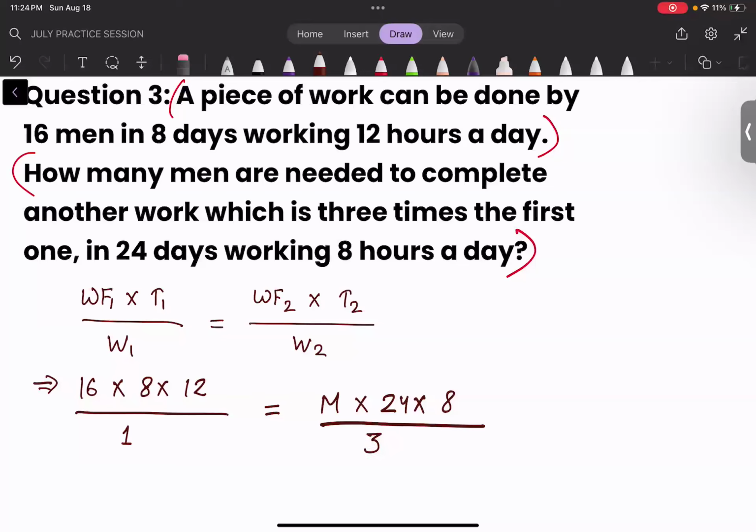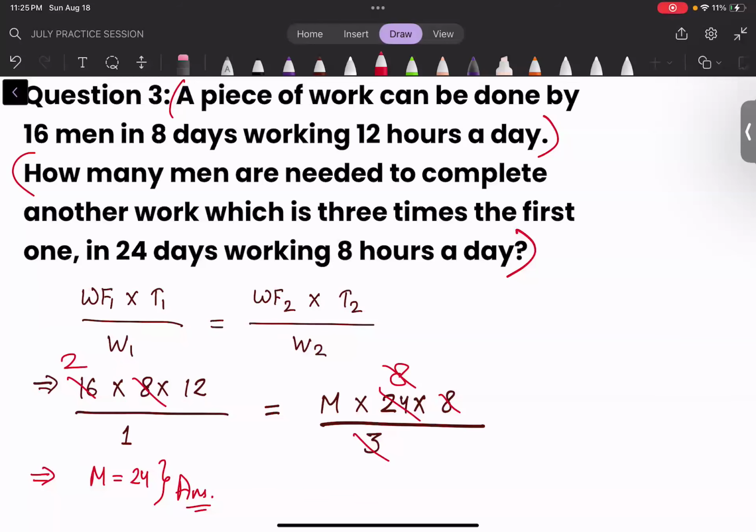This is what you will have to do. Now solve it, please. So 3 into 8, 8 will cancel this, 8 into 2, and then you are getting 24 men. M equals 24. So 24 is your answer for this.